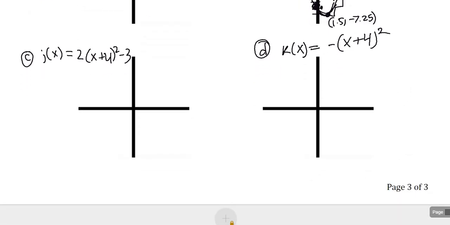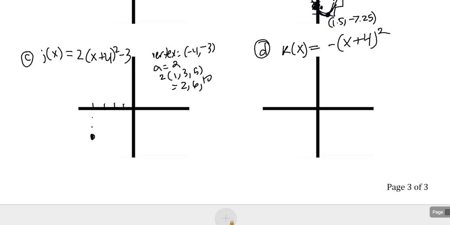Okay, next. So now we have j of x equals 2 times x plus 4 squared minus 3. So my vertex is at -4, -3. My A value is 2, so my step is 2 times 1, 3, 5, which is 2, 6, 10. Okay. 1, 2, 3, 4. 1, 2, 3.